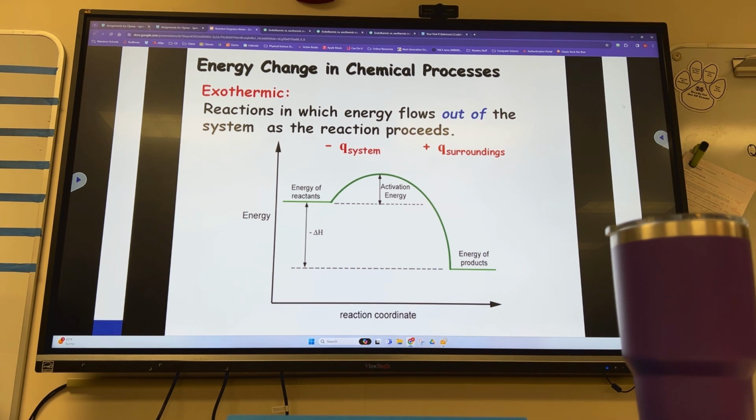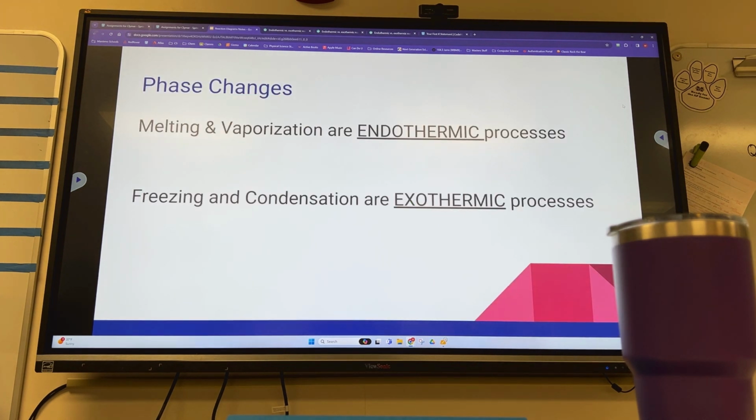If we're talking about an ice cube melting, the ice cube itself is the system. Now, to your point, the surroundings need to lose some energy to do that. But the ice cube itself has to gain energy. Melting would be an endothermic process.